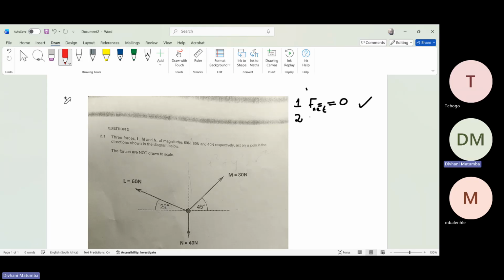Newton's second law, F net or F resultant equals mass times acceleration, whereby acceleration must never be 0. And number 3, action-reaction pair.